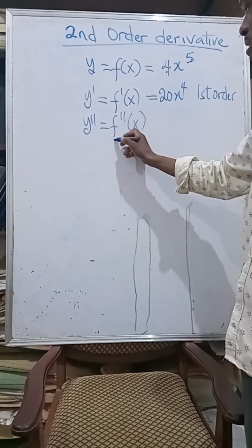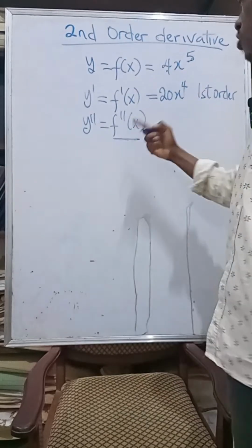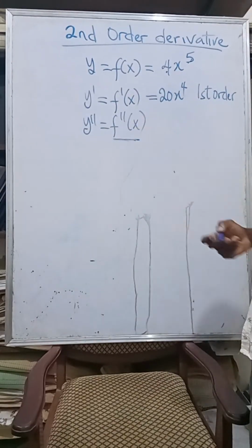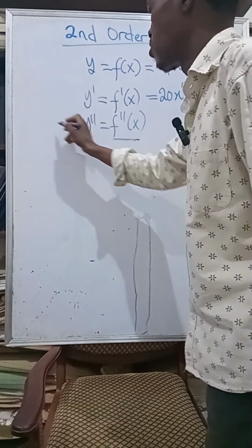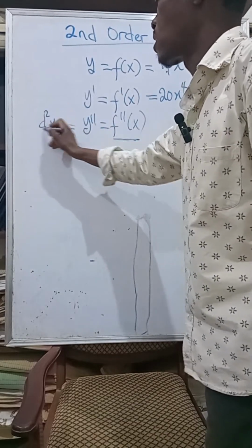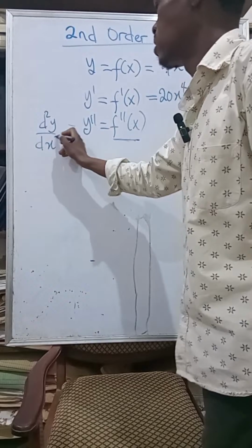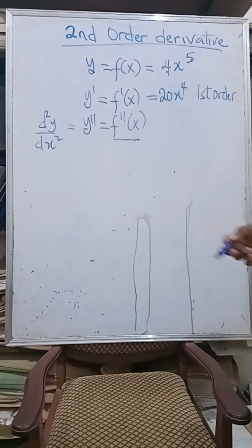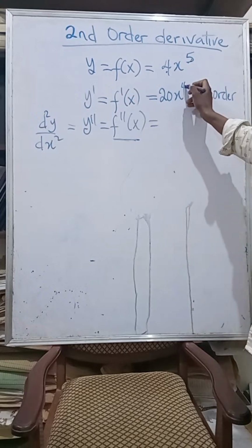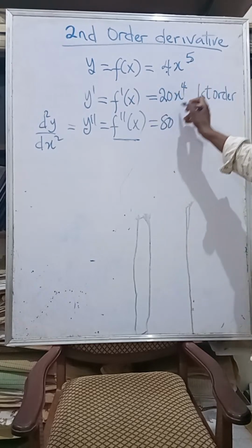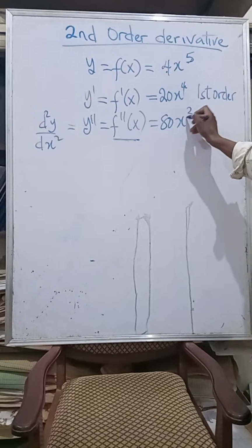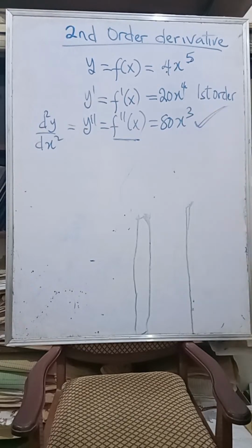If you are given f of x, this will be your second order differential. It can also be d squared y over dx squared. These are all second order differential or second order derivative. This one times this one, that's 80, and then the power minus 1. So that's the first order and second order differential.